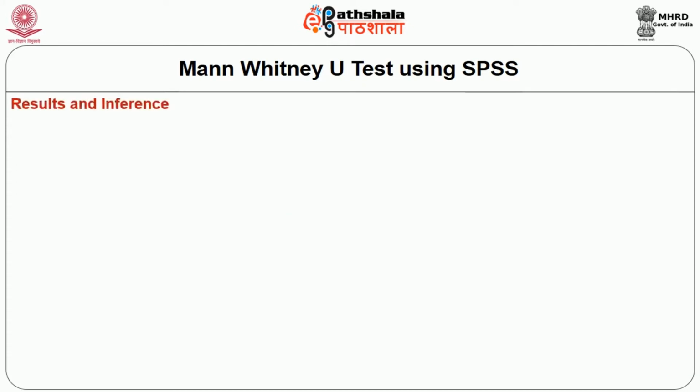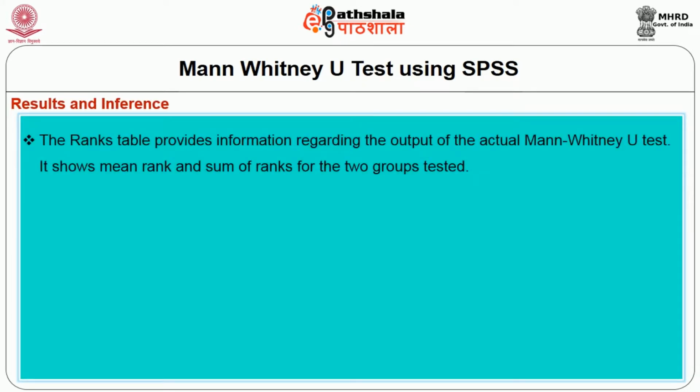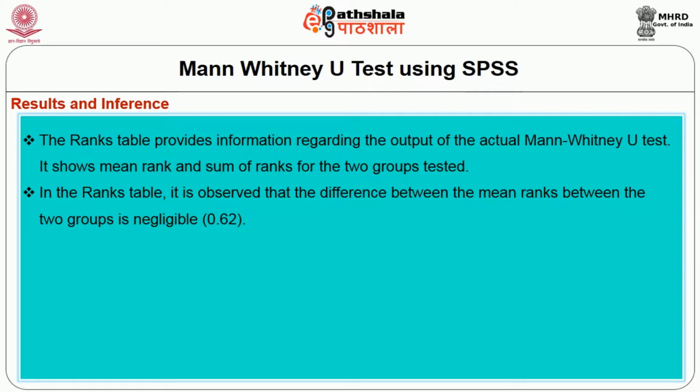Moving on to the inference part, the ranks table provides information regarding the output of the actual Mann-Whitney U test. It shows mean rank and sum of ranks for the two groups tested. In the ranks table, it is observed that the difference between the mean ranks between the two groups is negligible, that is 0.62.